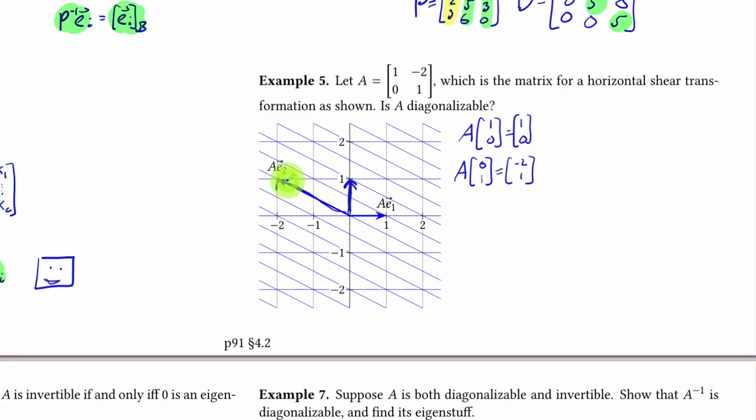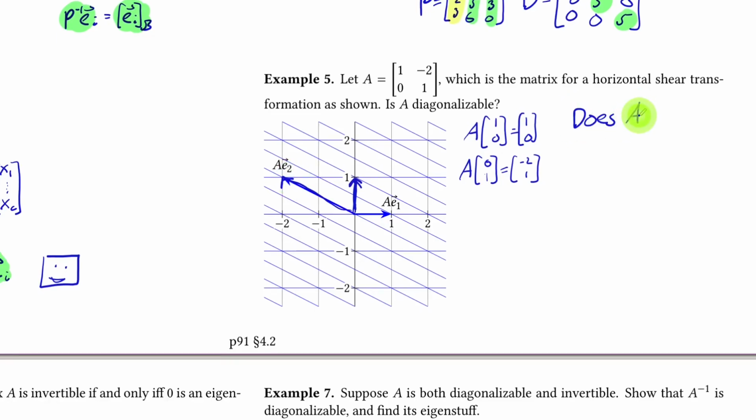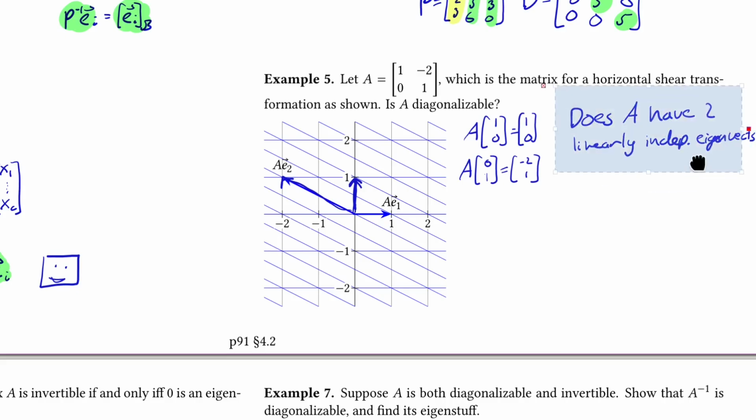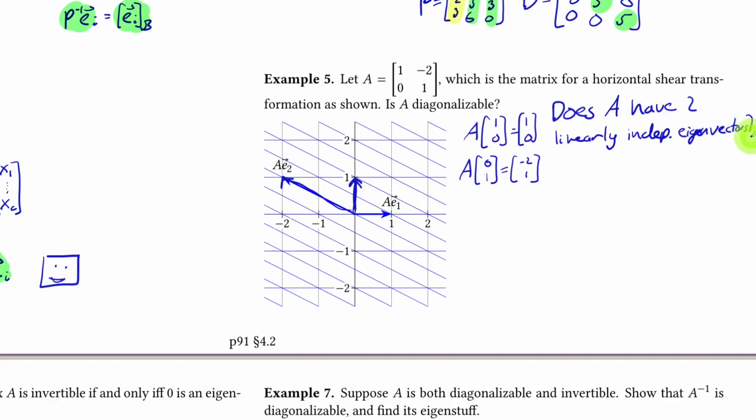To use the theorem, we want to know, does A have two linearly independent eigenvectors? Well, let's see. Can you think of one eigenvector here?